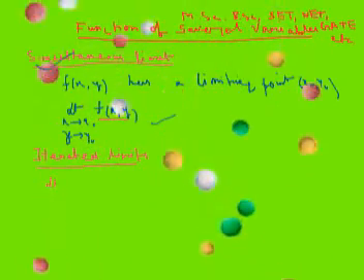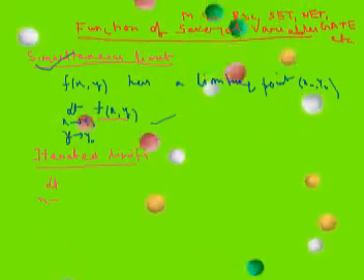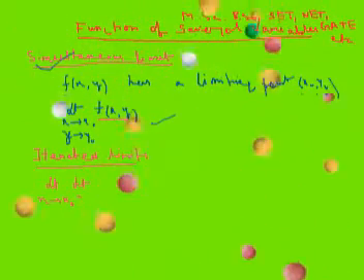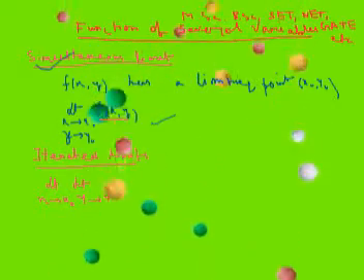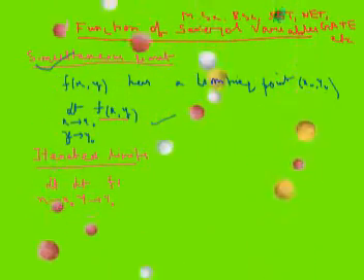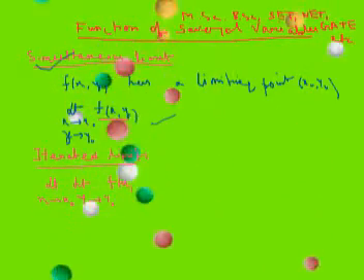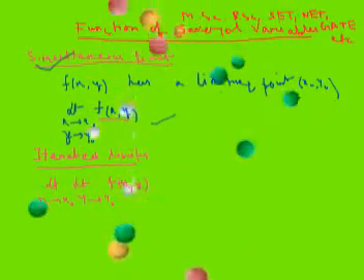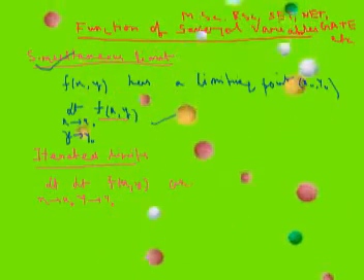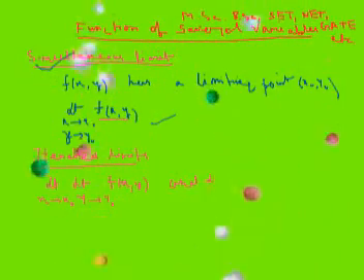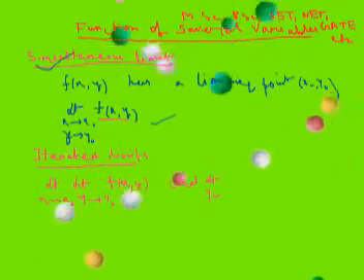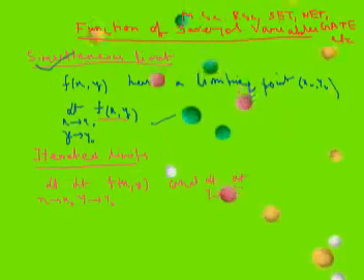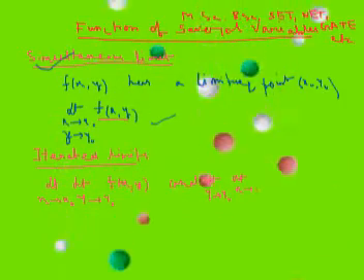First, limit x tends to x0 and again limit y tends to y0 of f(x,y), and another, limit y tends to y0 and limit x tends to x0 of f(x,y).